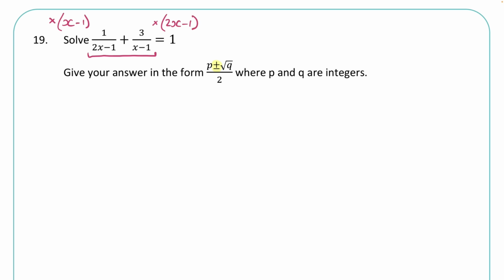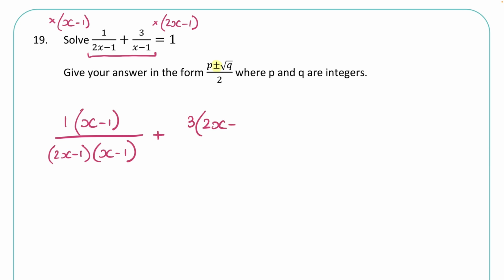Now when we do that, we get 1 times x minus 1 on the numerator of the left fraction, and we'll have a double bracket, 2x minus 1, x minus 1. I'm going to add that to 3 lots of 2x minus 1 over that common denominator, 2x minus 1 and x minus 1.